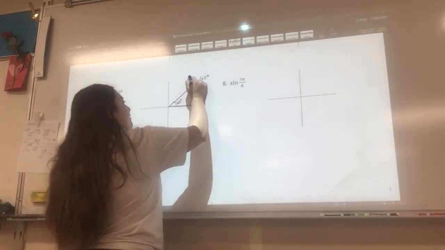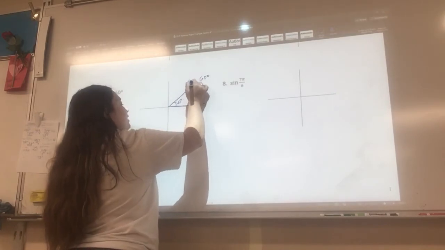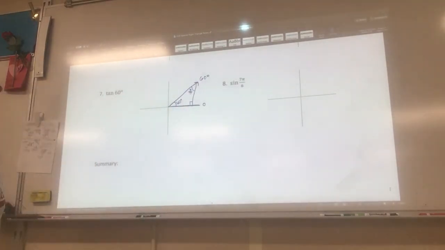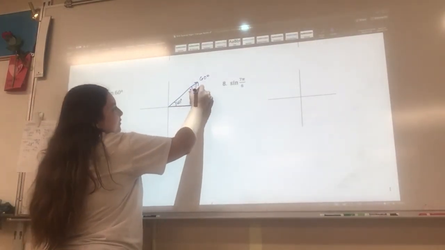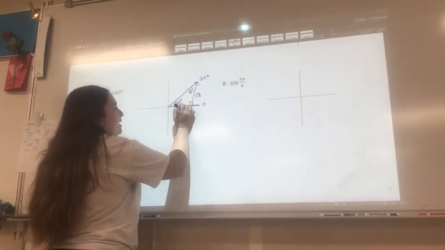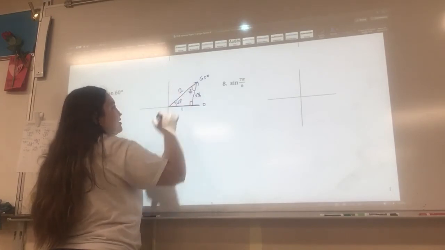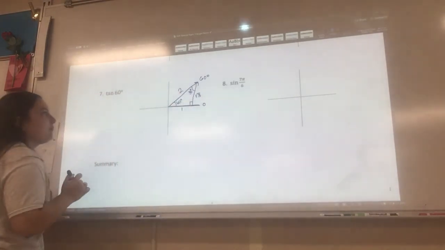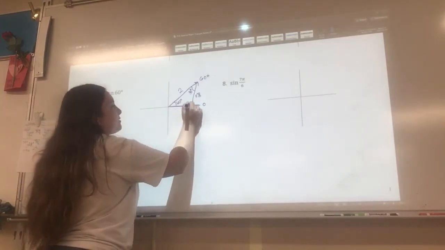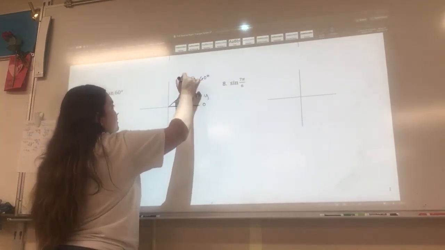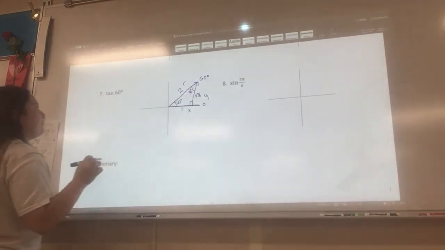So that means we have a 30, 60, 90, meaning we have a 1, 2, square root of 3 side lengths. So since this is where our 3 is, my square root of 3 is next to it, my 60 is 1, and my hypotenuse is 2. Okay? We are in this quadrant. It's positive everywhere, so our x is positive, our y is positive, and always our r is positive.